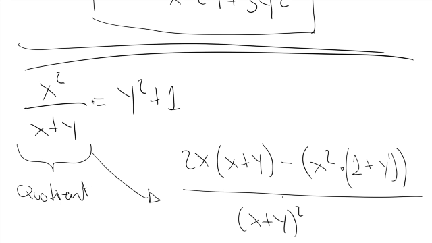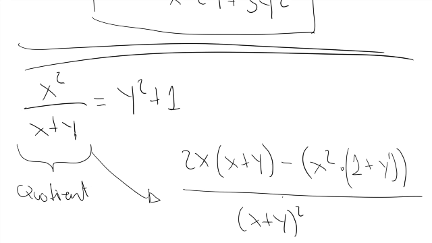The derivative of the numerator, x^2, is going to be 2x, multiplied by the denominator being x + y, minus the numerator, x^2, multiplied by the derivative of the denominator. What is the derivative of the denominator? Well, let's look at this. Derivative of x with respect to x, we know that is 1.